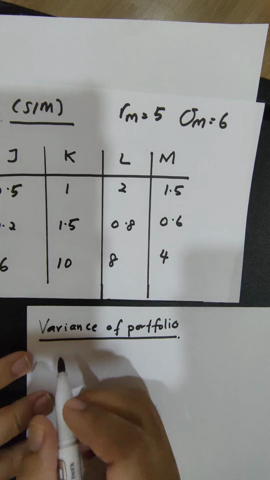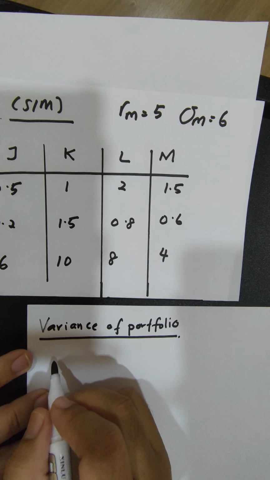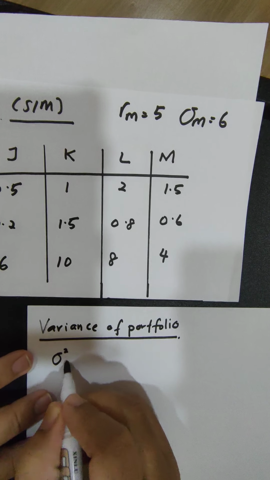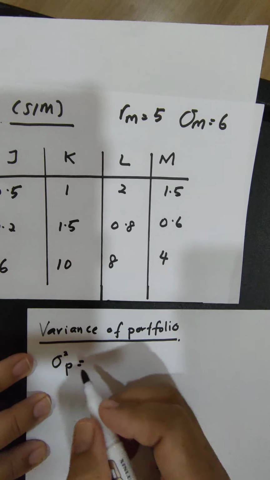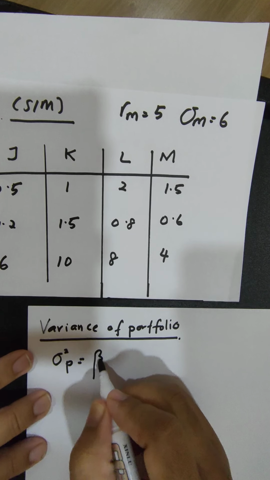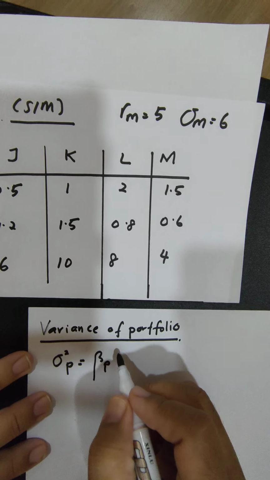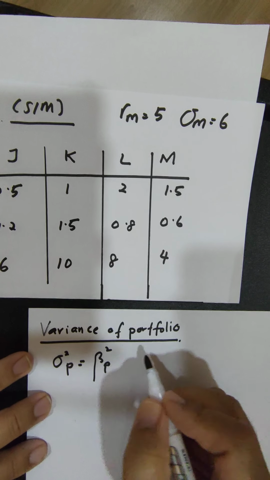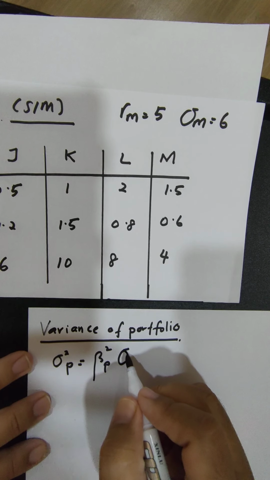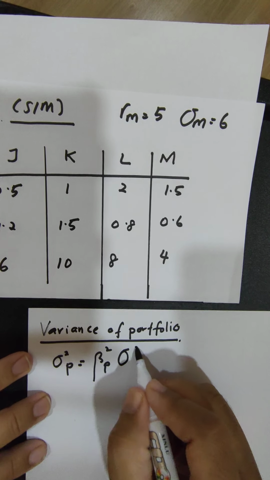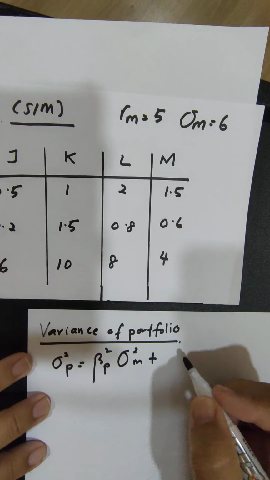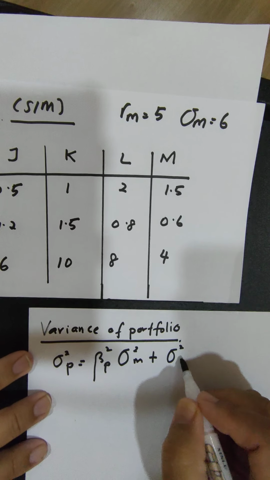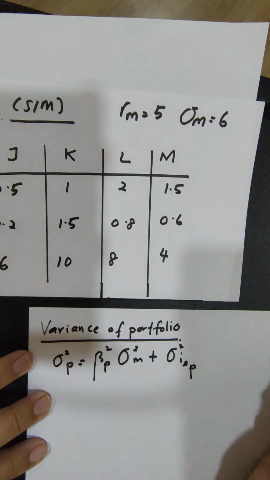So again, to recap, the variance of portfolio would be the beta for the portfolio itself, power of 2, multiplied with the variance on market, plus residual variance of portfolio.